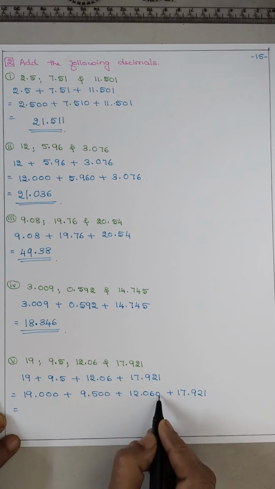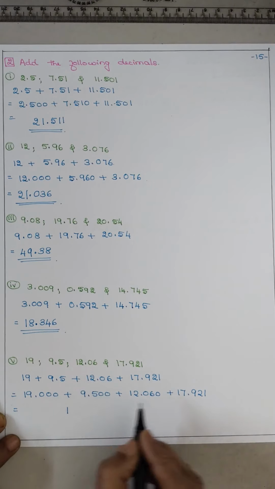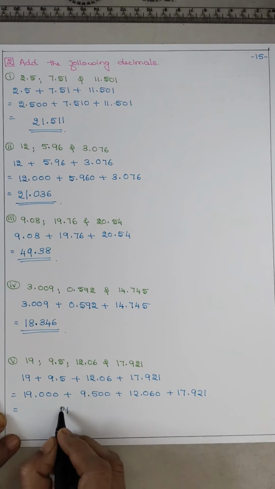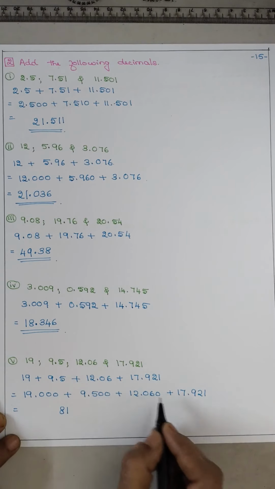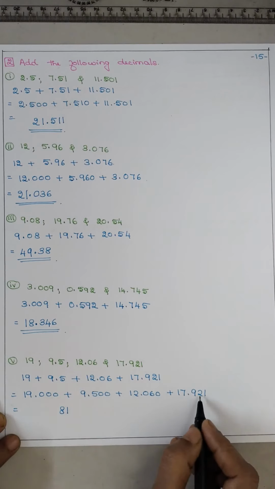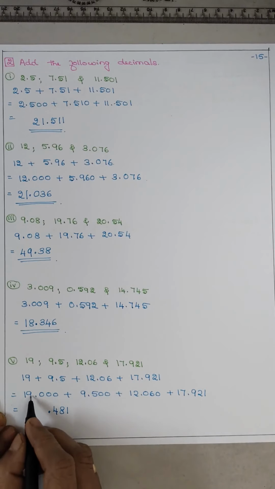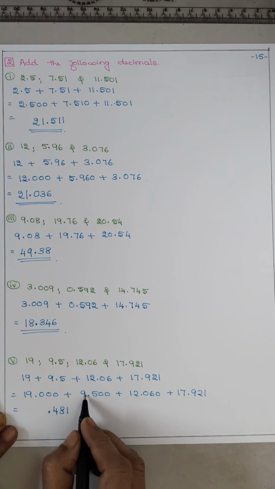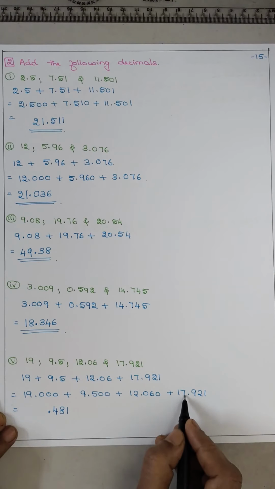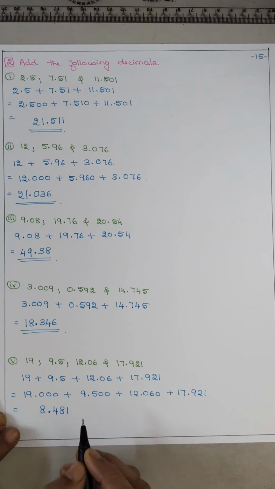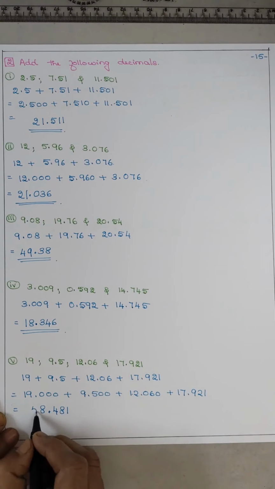Adding from the right: 0, 0, 0, 1, 1, 0, 0, 6, 2, 8, 0, 5, 0, 9, 5 plus 9, 14, 1, 1 plus 9, 10, 19, 20, 21, 28, 2, 3, 4, 5.